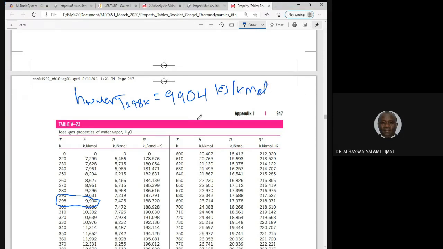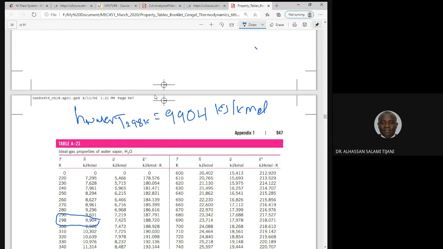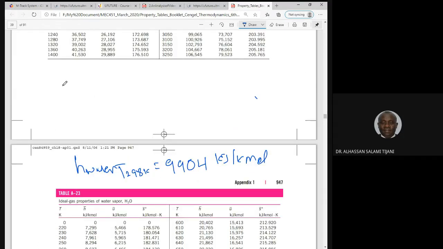But again, the equation we were discussing is like this: N moles of the reactant times the enthalpy of formation at standard state, plus the enthalpy at the given state, minus the enthalpy at standard state.